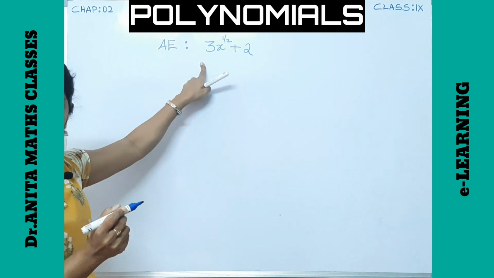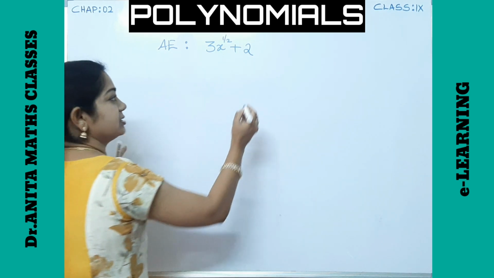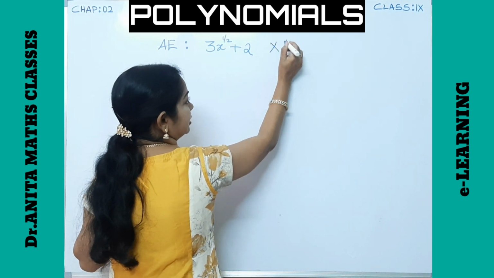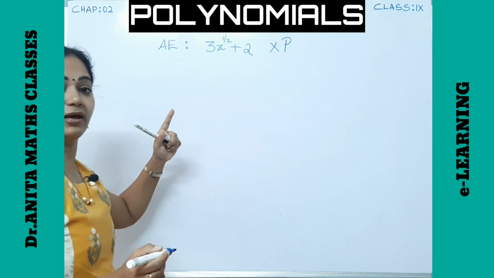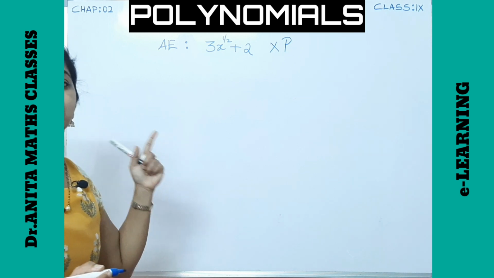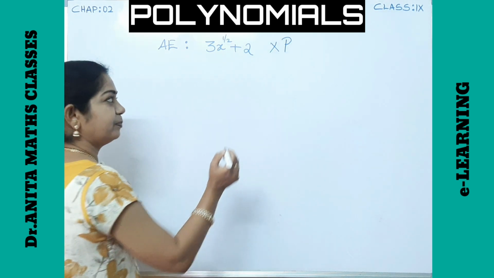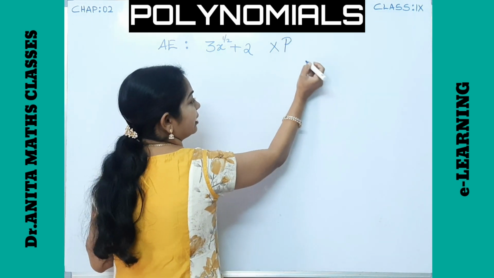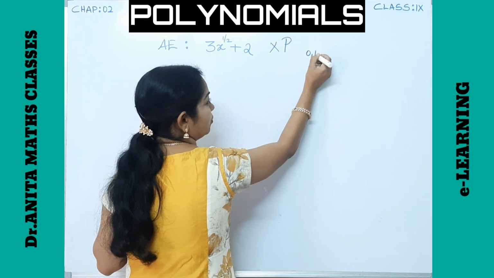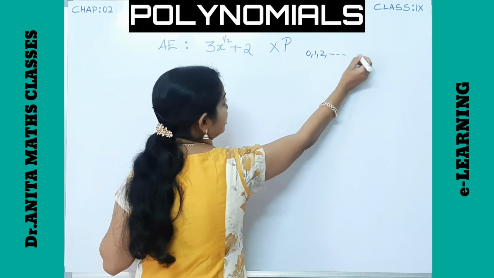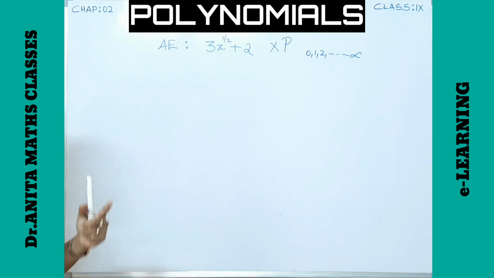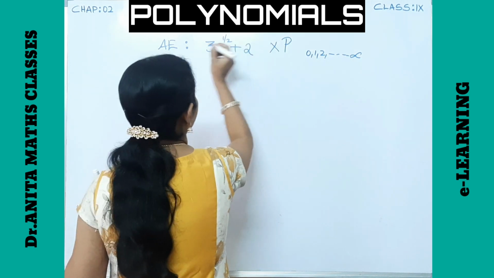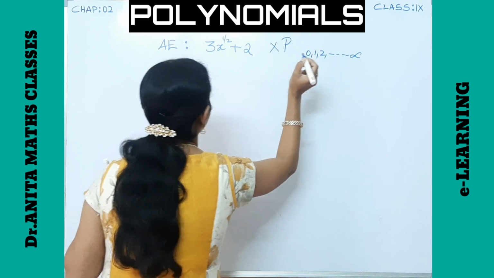Is this a polynomial? No, this is not a polynomial. Why? Because here the exponent of the variable is not a whole number. For polynomials we have to have whole numbers, that is 0, 1 and likewise to infinity. The powers should be whole numbers. So this is an algebraic expression but not a polynomial.